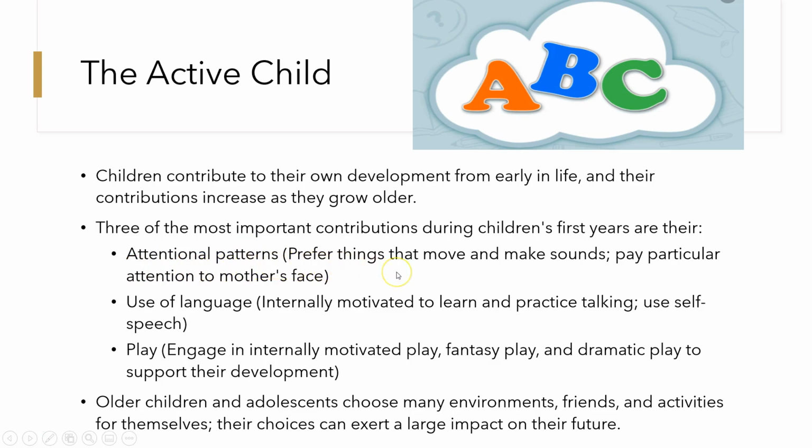Children prefer things, particularly during infancy, that move and make sounds. So they pay attention to those things, and by paying attention, they learn. They also pay particular attention to mothers' faces during infancy. Again, that leads potentially to attachment, to a close emotional bond with their mother or whoever their caregiver is, and that influences their development.